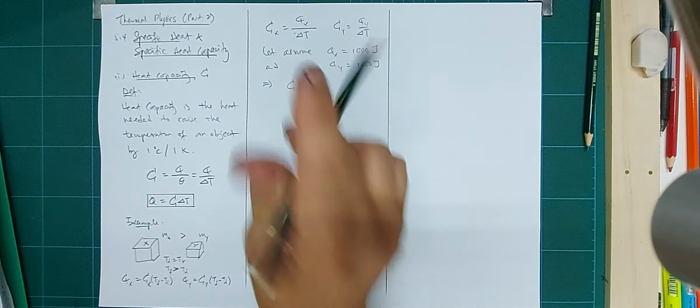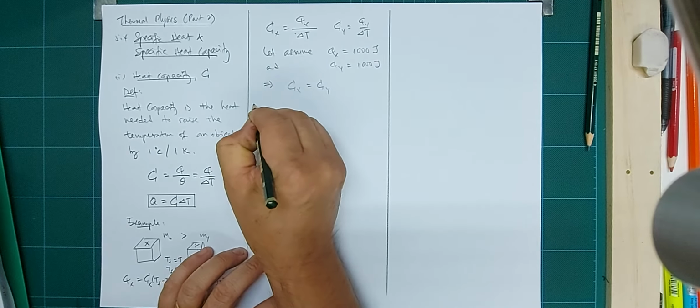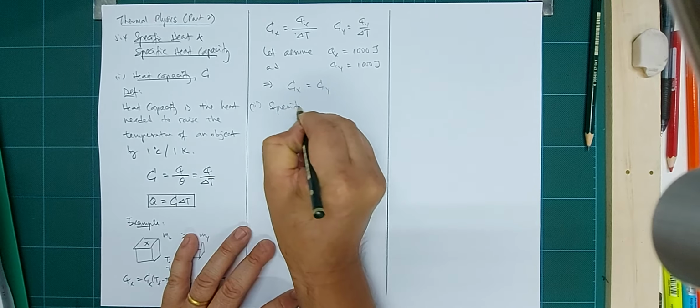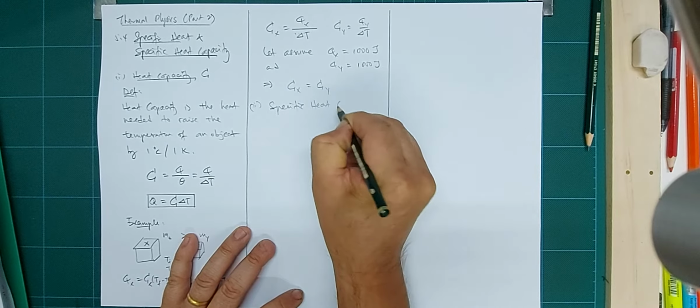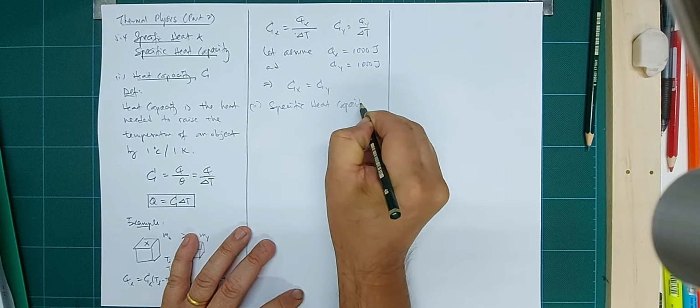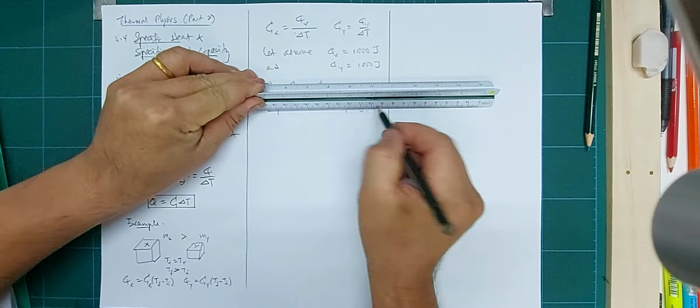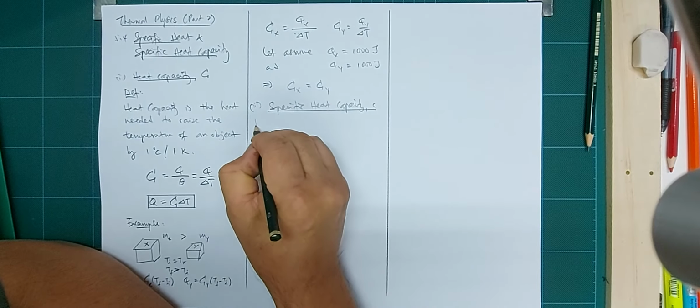To solve this problem, we normally use a second quantity, which is the specific heat capacity. Our specific heat capacity has a small letter c. We look at the definition first.